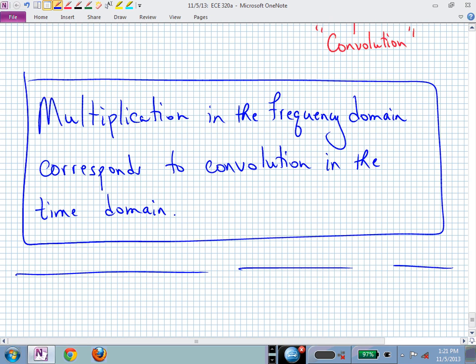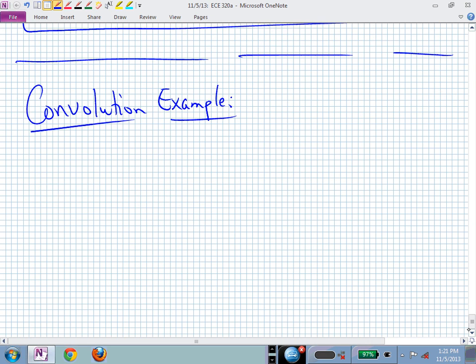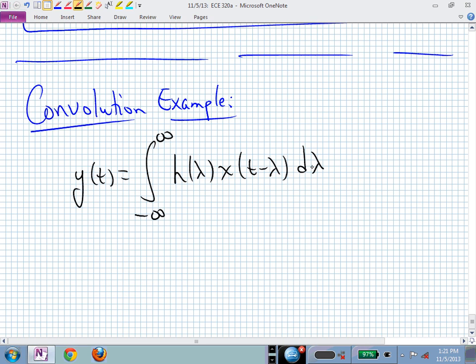Let's now look at an example of this process. Suppose that in this particular example, we have our convolution integral, y of t, is this integral. In general, h and x might actually extend over the entire time horizon, minus infinity to plus infinity.